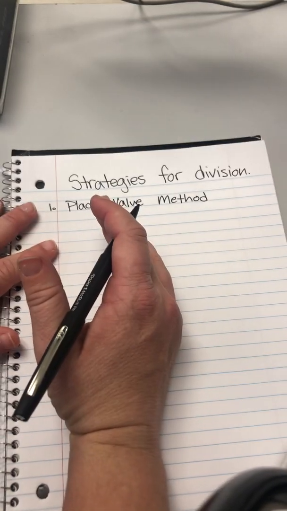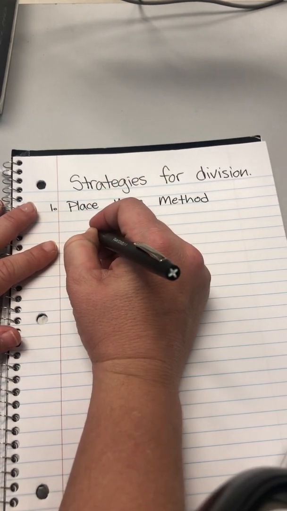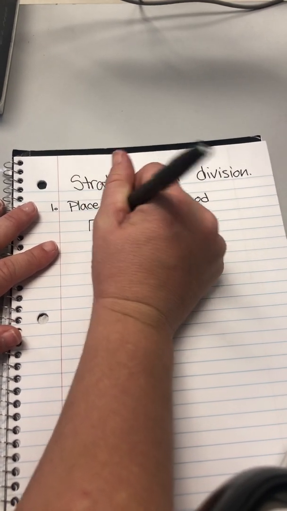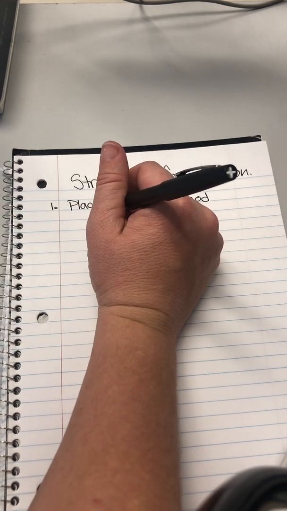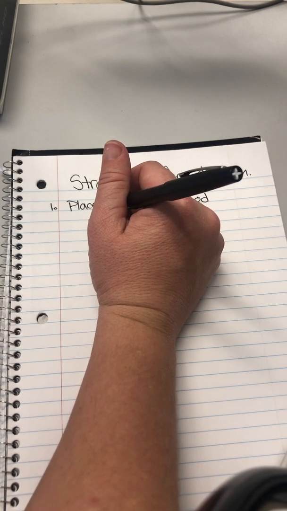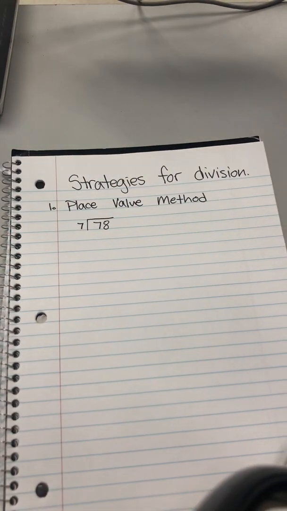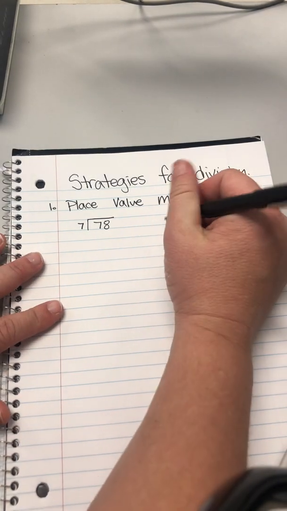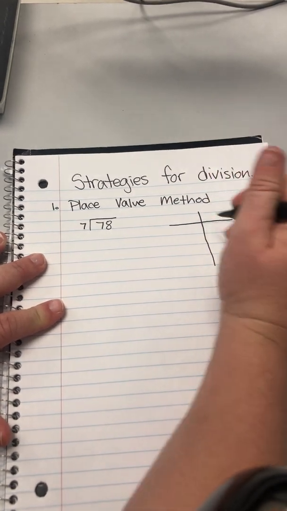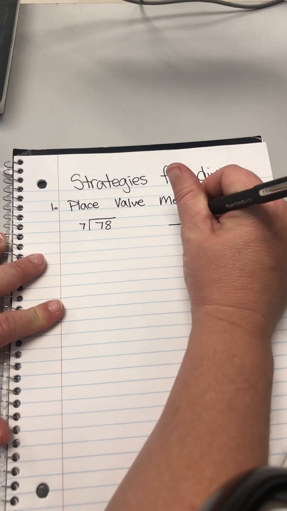For the place value method, for example, if the problem is 78 divided by 7, here's how we would do it. I'm going to draw my place value chart, and I see that there's only 2 digits, so I'm only going to need my 1s and my 10s.